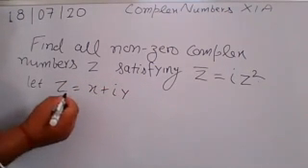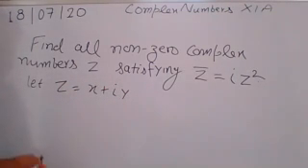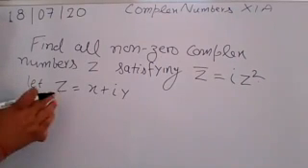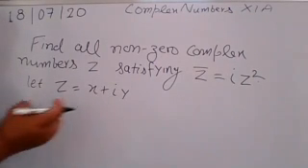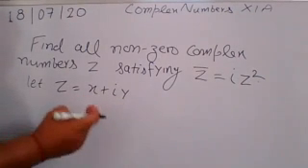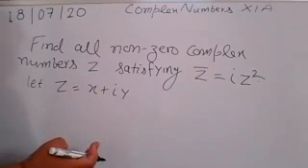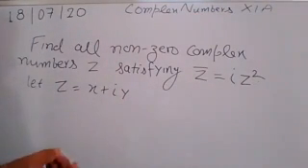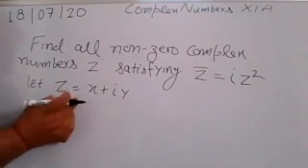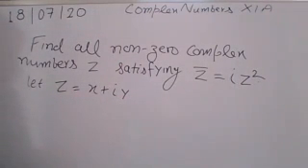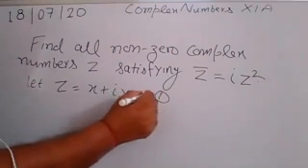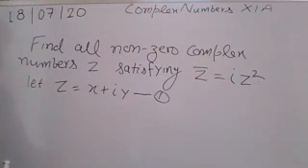Here you assume z is equal to x plus iy. Understand? So here you have to find all the possible non-zero values of z. Means first of all you try to find the values of x and y which satisfy this condition, and with the help of that, putting them here, you will have the value of z. That is your first equation which you assume here.